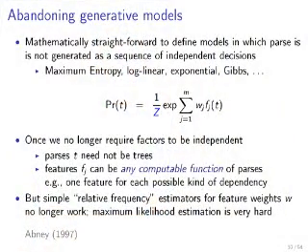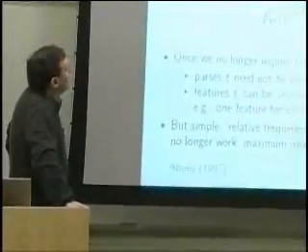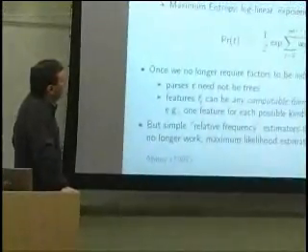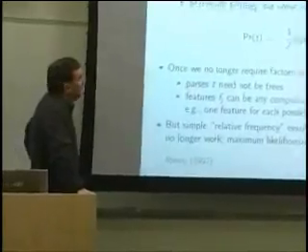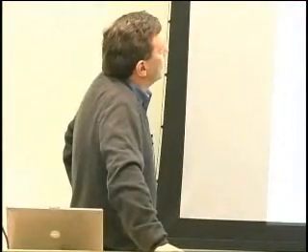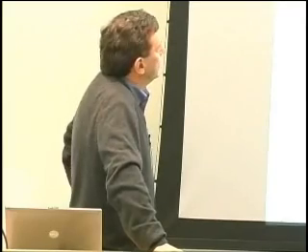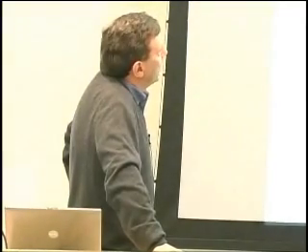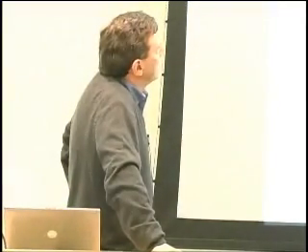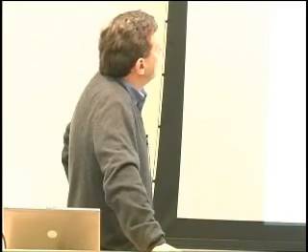So if we want to actually move to a framework where we're going to permit these types of reentrancies or cyclic dependencies, we really need to move away from Bayes net type formulations and move towards Markov random field frameworks. In fact, the basic idea is relatively well known.